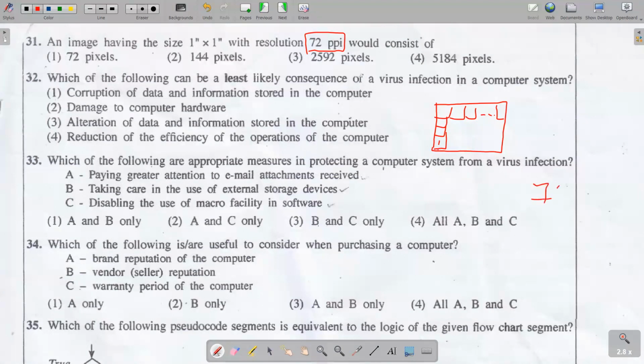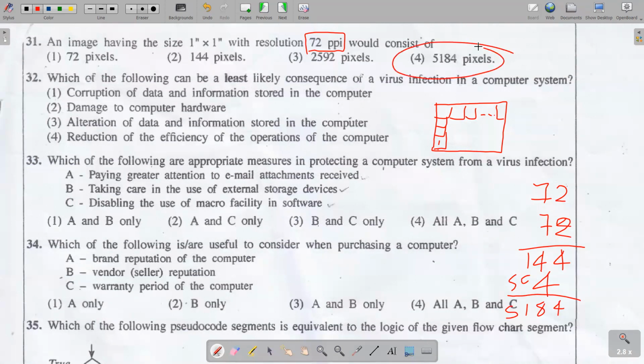It should be something larger than 4,900 because 70 into 70 is 4,900. So this is 72 into 72. This is 4, this is 14, this is 14 and 1 is remaining, 49 plus 50. It's going to be 5,184. So the fourth one is going to be the answer.